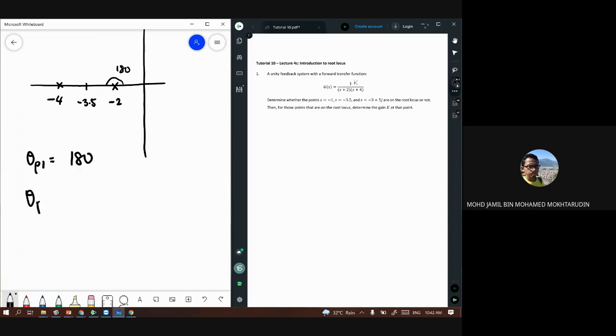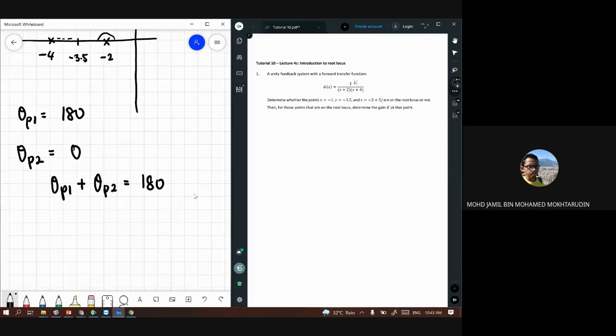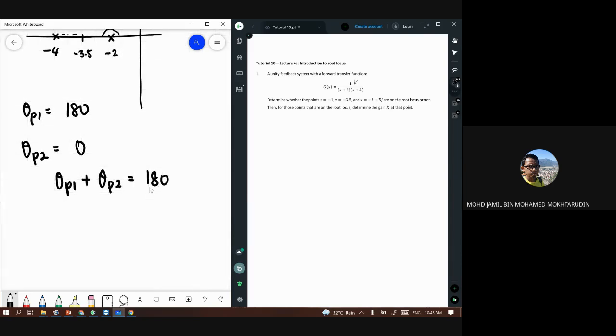And theta P2, it's measured from the positive real axis, so it's 0. So the summation equals 180 degrees. Now the summation of angle is a multiple of 180 degrees. Therefore, the point S equals -3.5 is on the root locus.